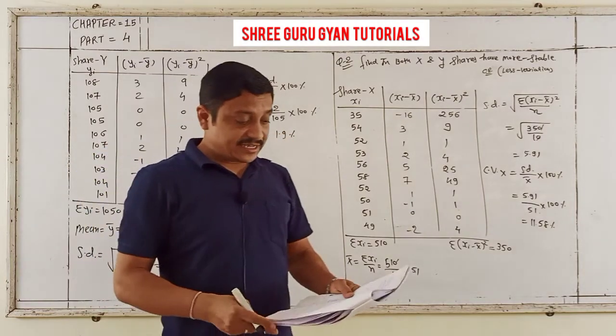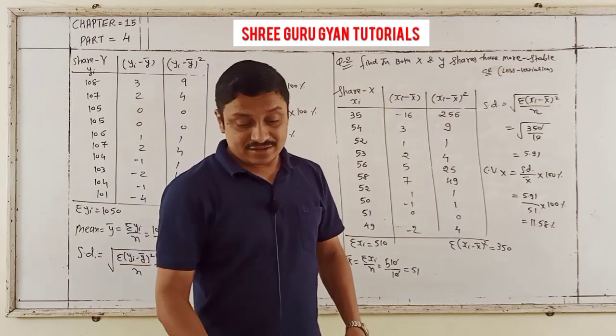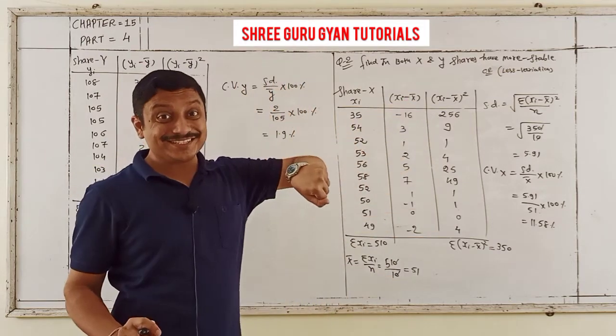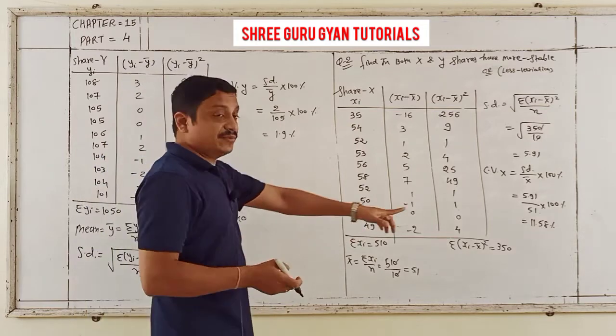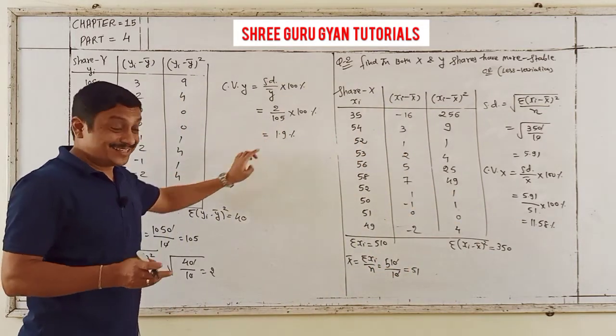Now the question asks in which share is more stable, which means less variation. Less variation: here 11.58, but here 1.9, which is less.